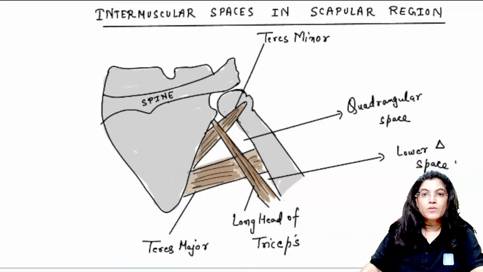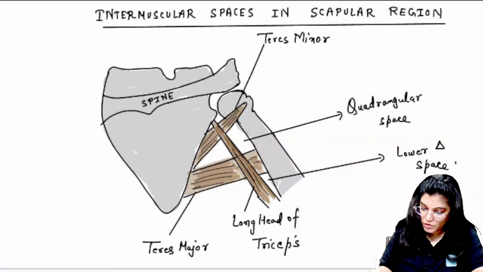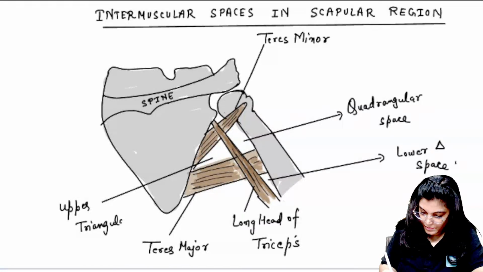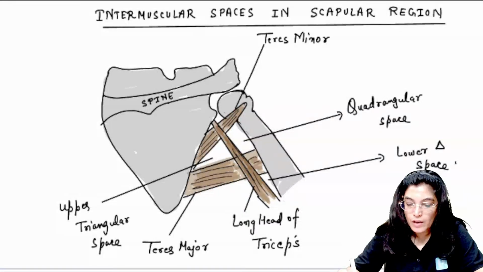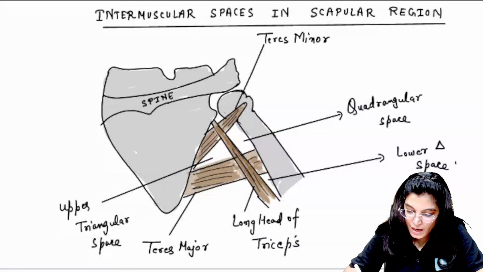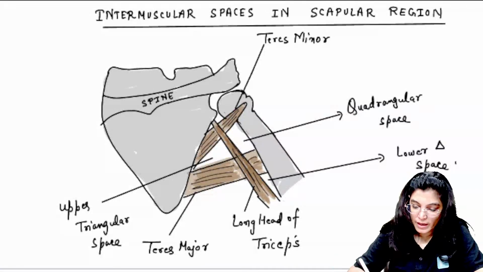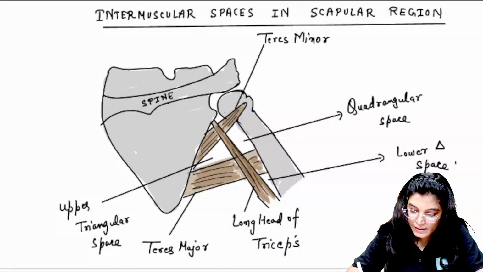Okay, this space is lower triangular space, and this space which you are seeing is the upper triangular space. So we can see the three spaces now. You can highlight the spaces if you want. Now I will not highlight it because I want to show the content also.